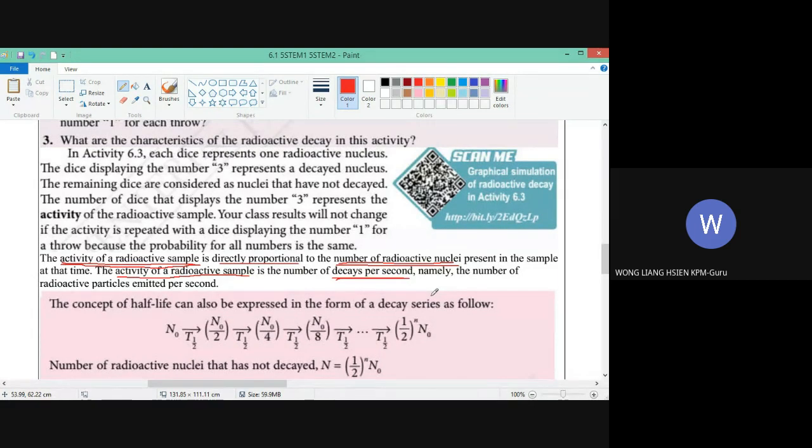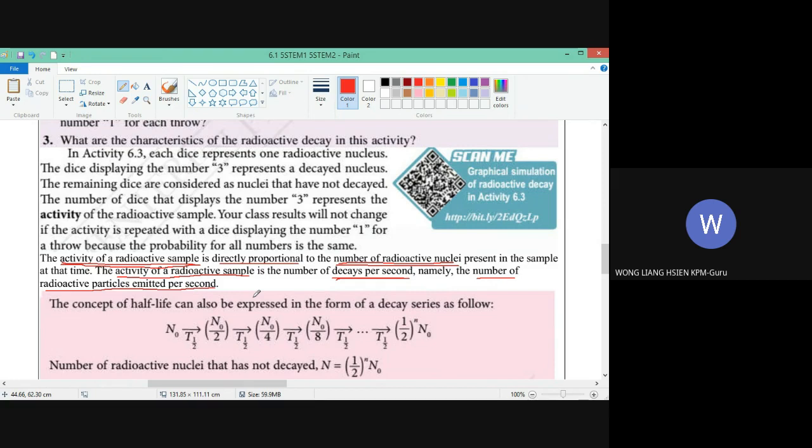That means every 1 second, how many unstable nuclei decay. That is what we call activity of a radioactive sample. Or essentially, namely the number of radioactive particles emitted per second. So every 1 second, how many radioactive particles are emitted.